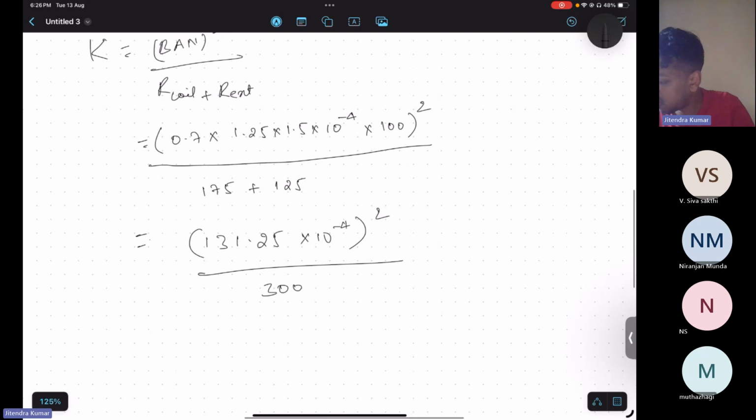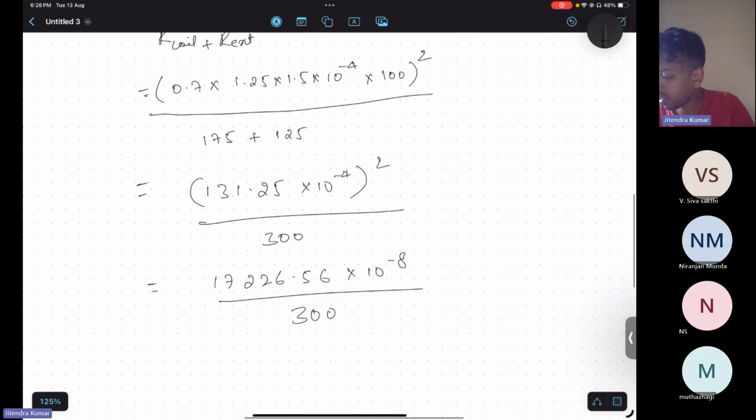Now this should be 131.25, 17,226.5 into 10 raised to power minus 8 divided by 300.